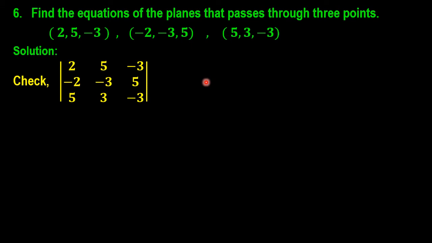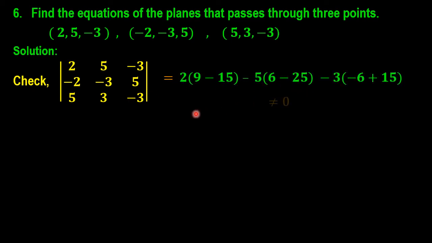So that is done by finding the determinant, and here in the first row we place the coordinates of the first point 2, 5, minus 3, and similarly the coordinates of the second point in the second row, coordinates of the third point in the third row, and we find the determinant, and it is not equal to 0. And we can find the equation of the plane passing through the 3 points.